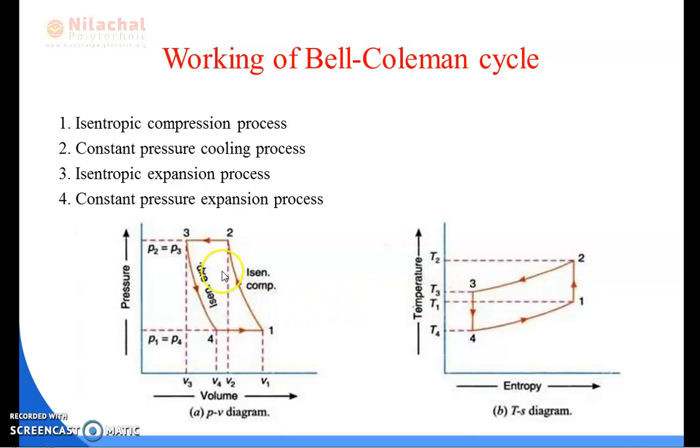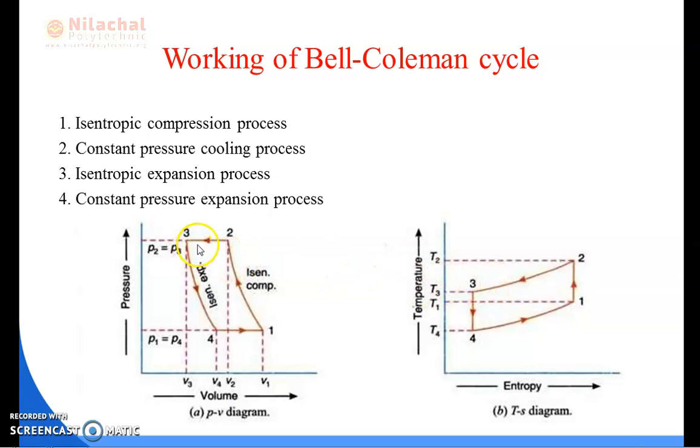The specific volume also reduces from V2 to V3. So how much heat is rejected by the air during the constant pressure process per kg of air? All of you know that if you are taking per kg, then Q is equal to Cp delta T. So Q is equal to Cp (T2 minus T3).